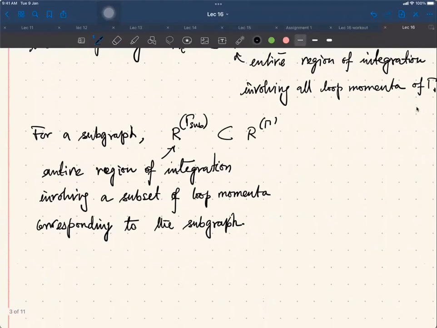A subgraph corresponds to a subset of loop momenta.